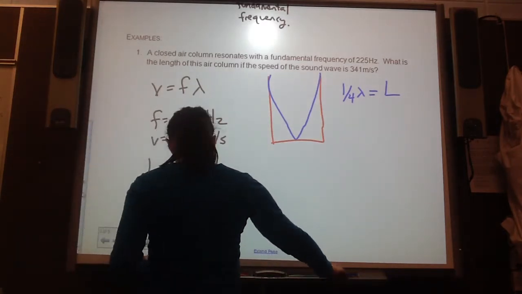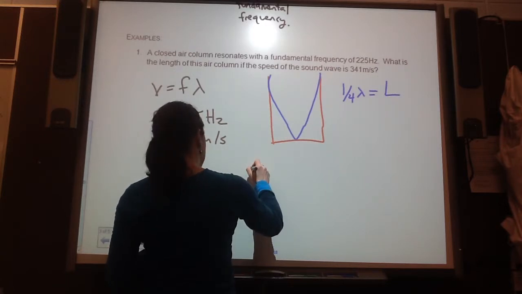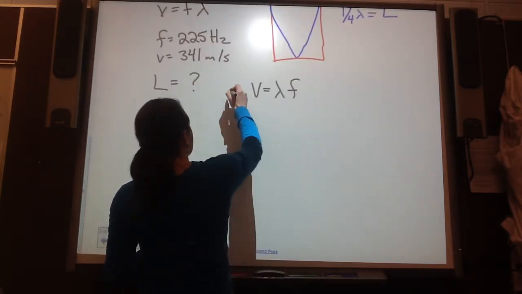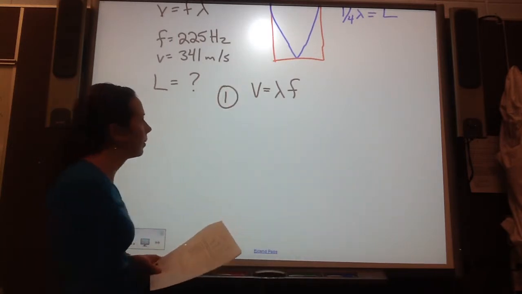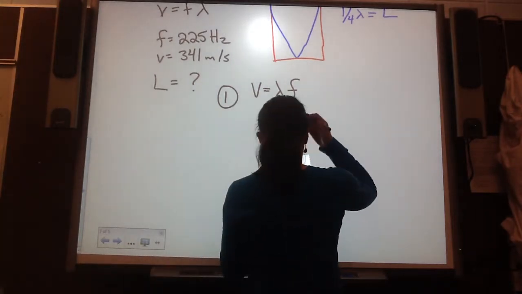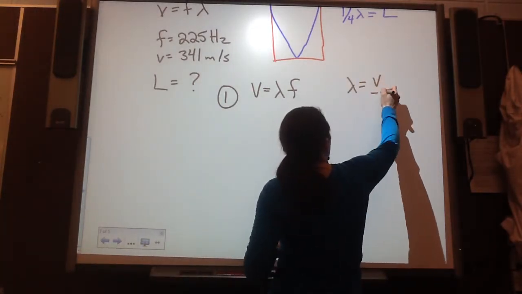So if we mapped out what we're going to do mathematically here, we can find v is equal to lambda f. This is our first step. And we will rearrange to solve for our lambda. So wavelength equals v over f.